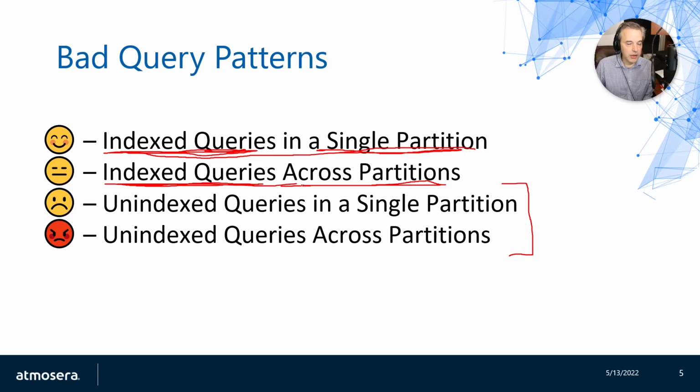And so the query router is going to go look at every partition that is in your database, route that query to every one, and then collate the results and send the result set back. It's got to span those partitions when that partition key is not provided as part of the query. So these two are what you want to aim for. Prefer this one if you can. If you can't, then obviously you try to do a query that is going to be an index query across partitions.